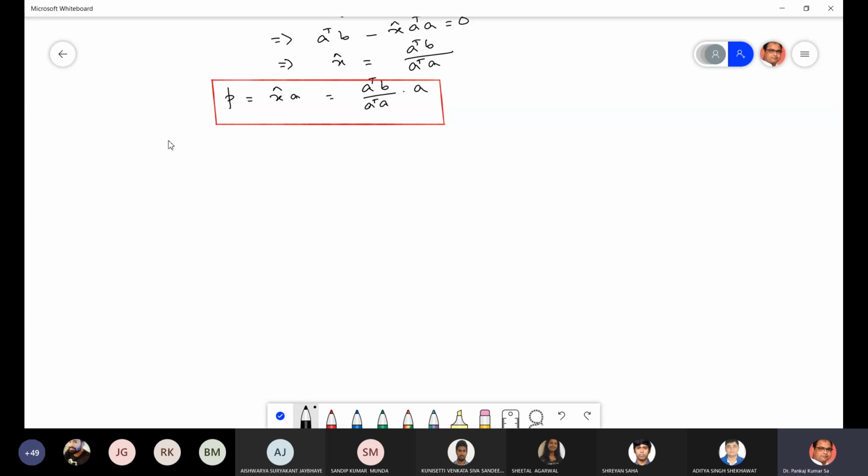If at all you are asked to project B, let us say 4, 5, 6, onto A, 1, 2, 3. So what will be the answer?